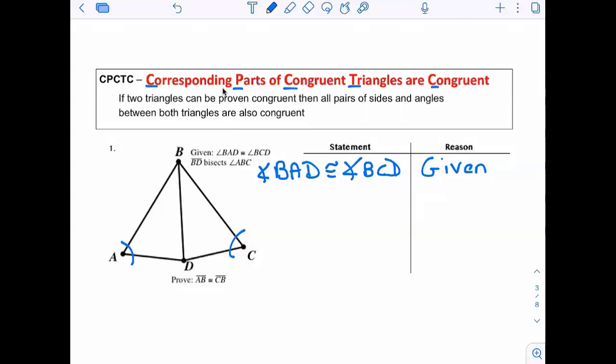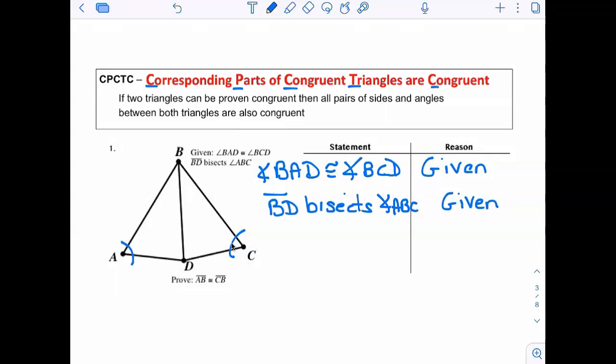And then we also have that BD bisects angle ABC. So segment BD bisects angle ABC. And again, that is part of our given information.